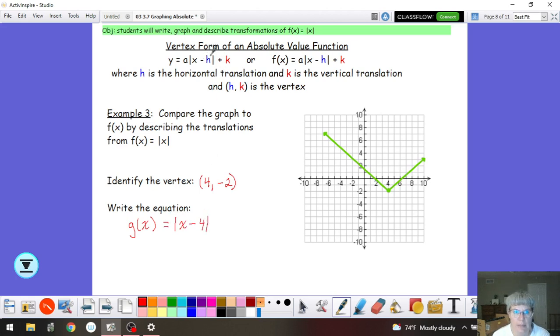We subtract the x value of the vertex, minus 2. The plus k, in this case, because k is negative, we can write a minus 2. And that is the equation. Now, if I'm describing the translations, I would just need to say right 4, down 2.